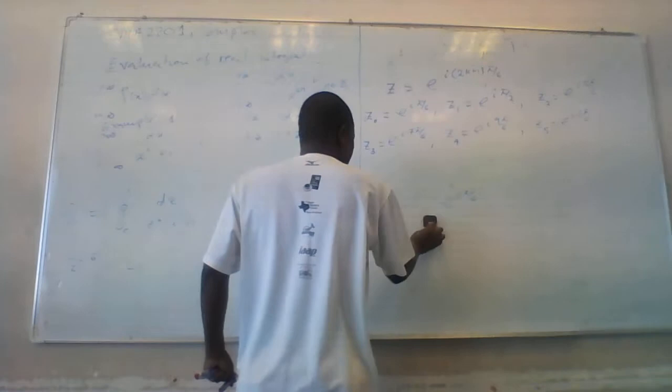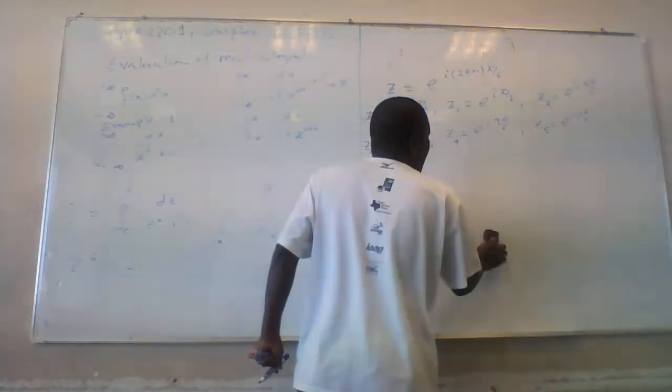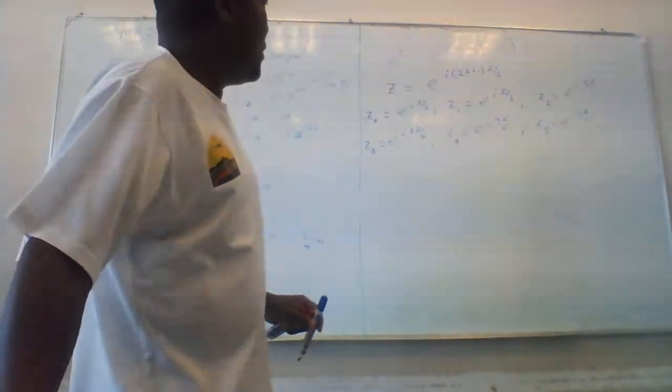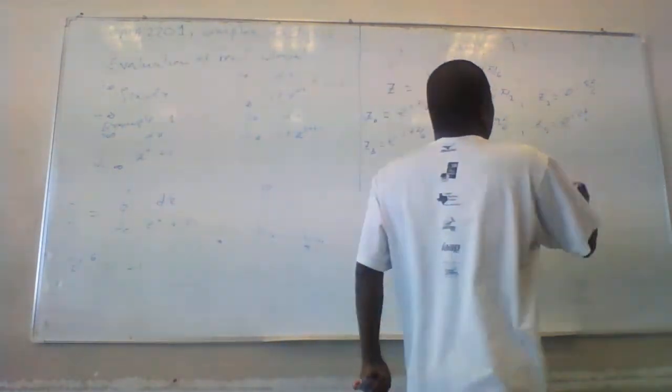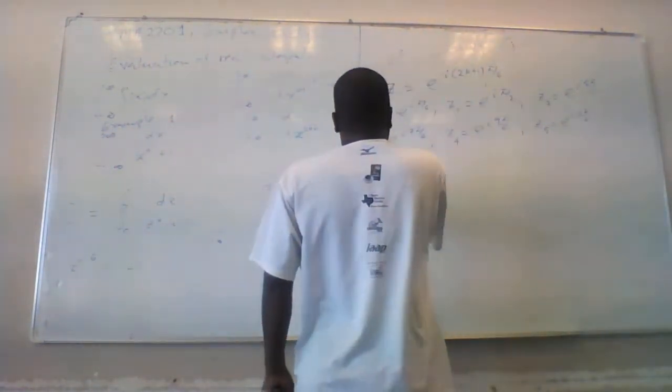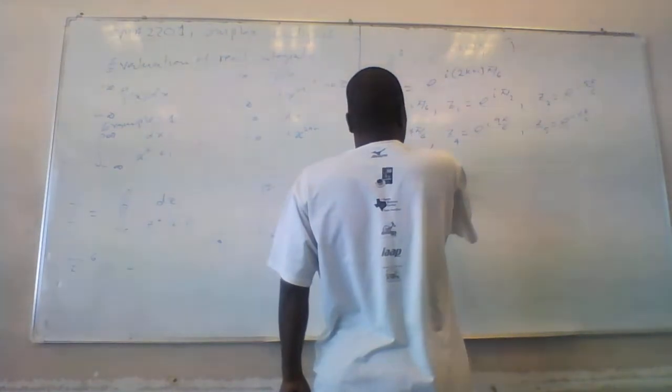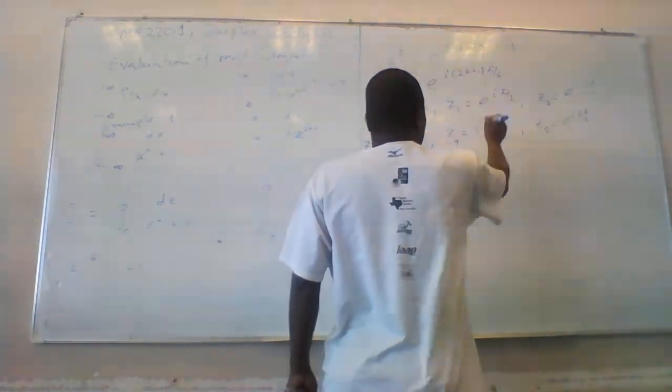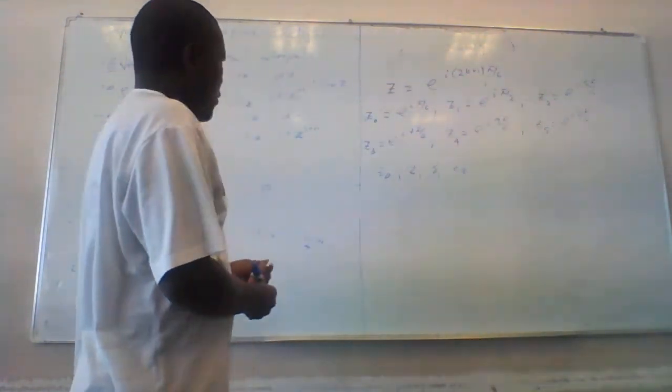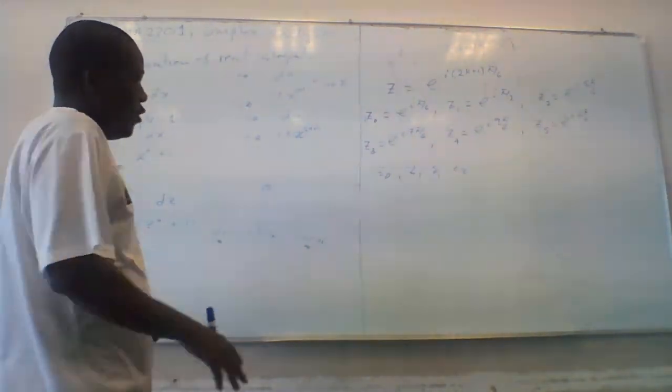We only consider the poles that are in the upper half plane, and for this problem the only poles in the upper half plane are z0, z1, and z2. So we are going to evaluate the residues at these points.